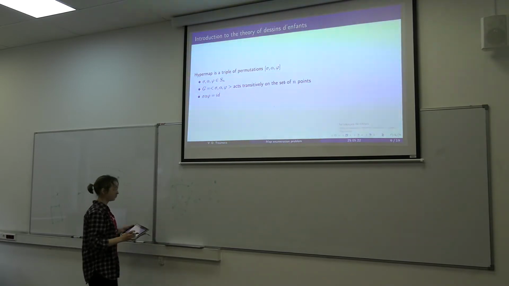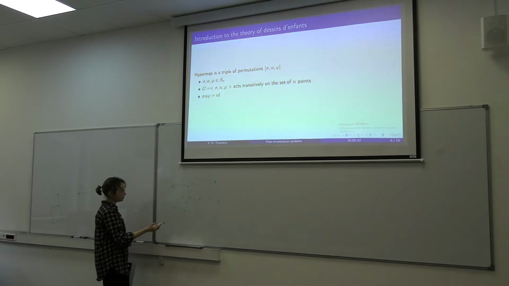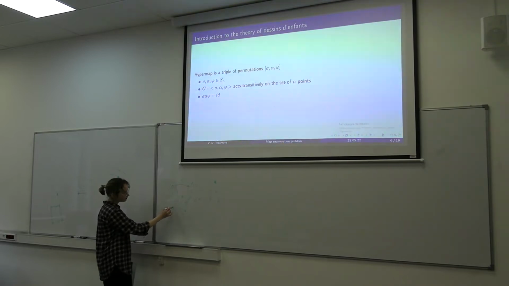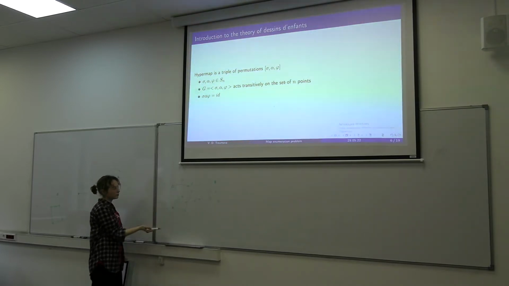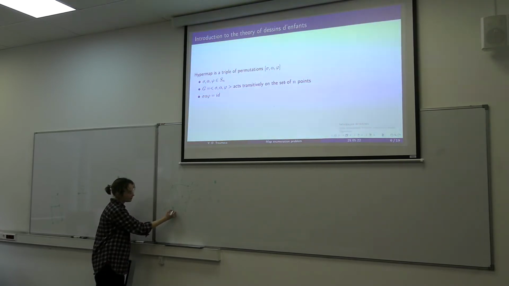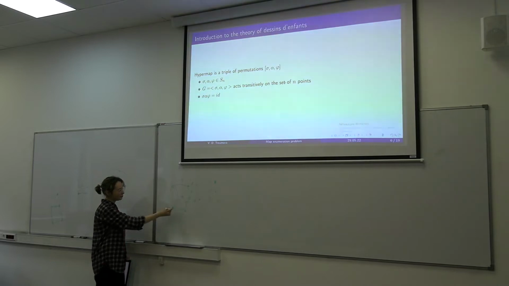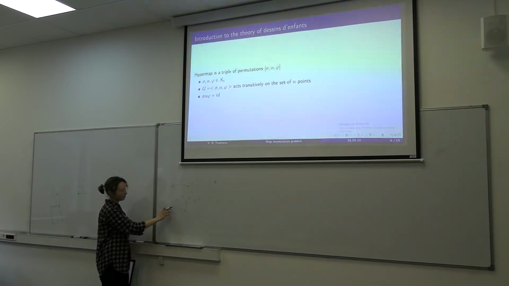So I'll write the permutations. Our surface is oriented, so we take our vertices and see what edge goes to what edge when we go around this vertex.